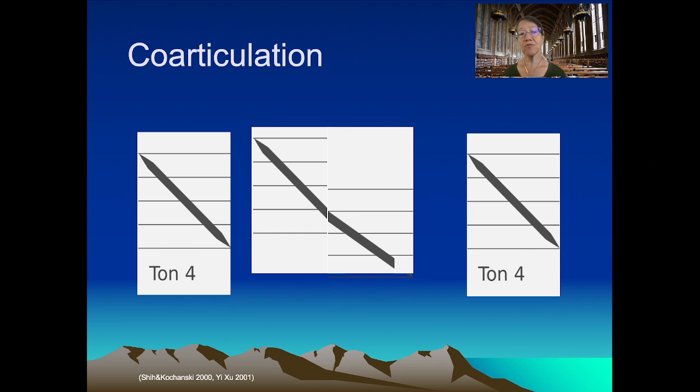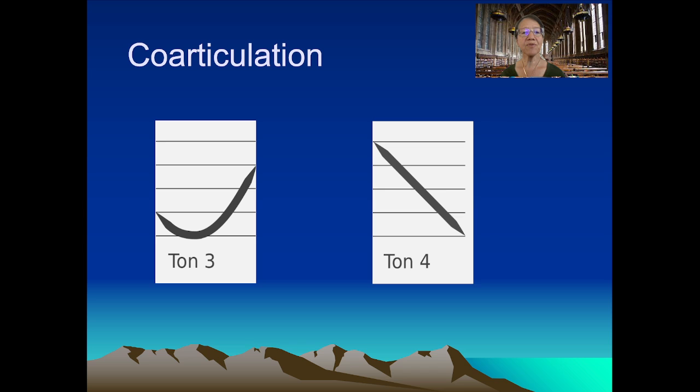Now, this isn't a problem because the salient characteristic of tone 4 is this steep falling contour, so it's still recognizable. And what we're getting here is a pronunciation that is intelligible, but manages the constraints on our articulators and their transition while still maintaining intelligibility and the essential characteristics of the tone 4.